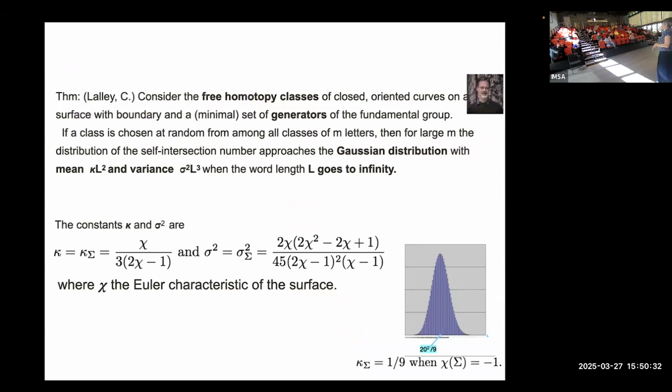Basically it's a Gaussian, you have to normalize in a certain way, but for every surface it's not depending deeply on the topology, only on the number of generators, with a certain mean and standard deviation, and there it is.